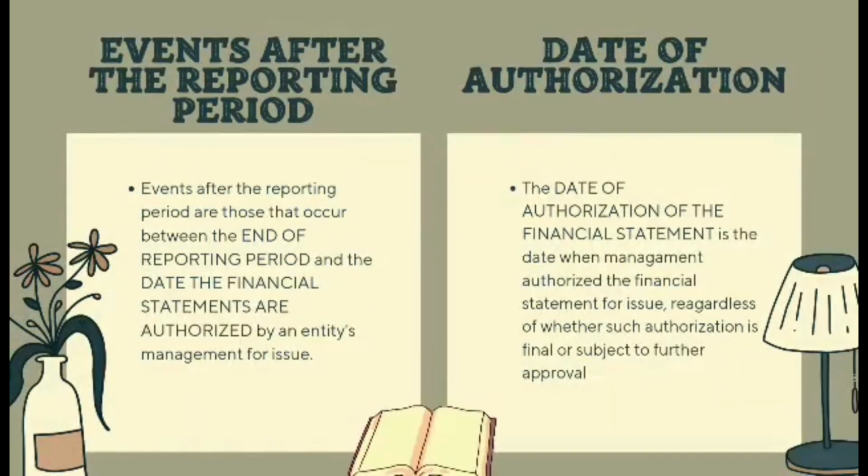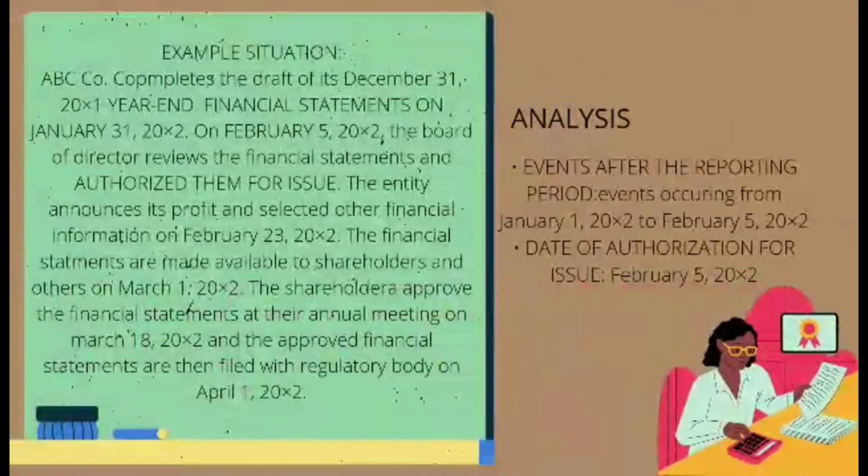Here's the example of this. So, the analysis of this example is on January 1, 20x2 ang end period at February 5, 20x2 ang date na ang authorization. Kaya, mula January 1, 20x2 to February 5, 20x2 ang events after the reporting period.